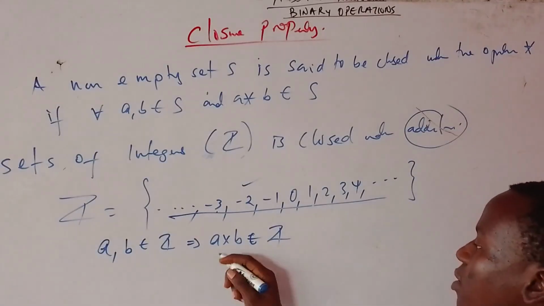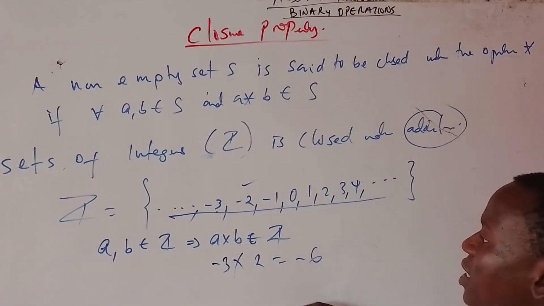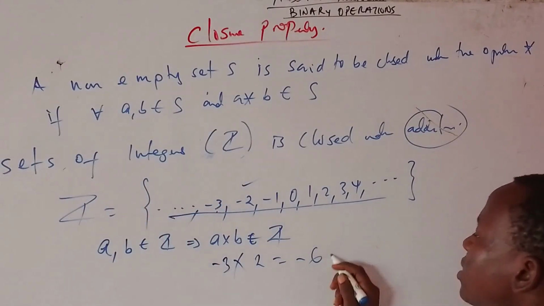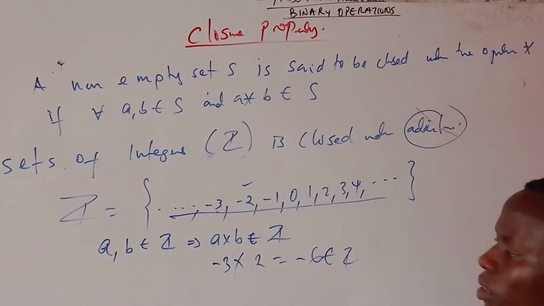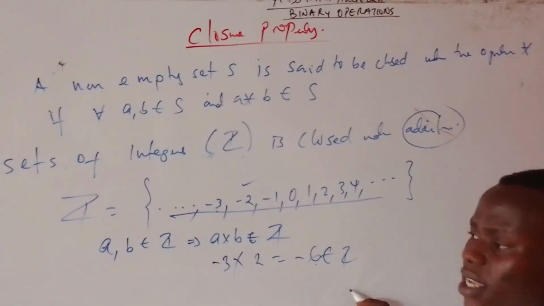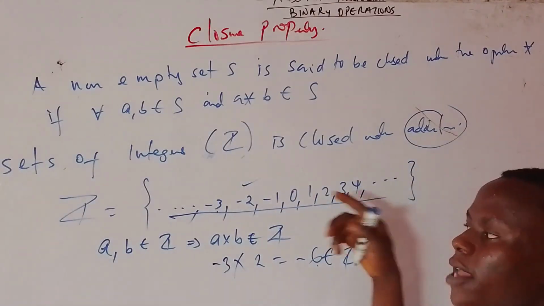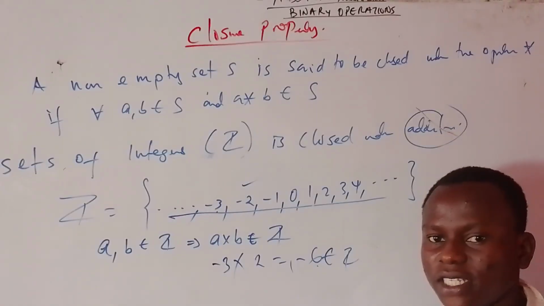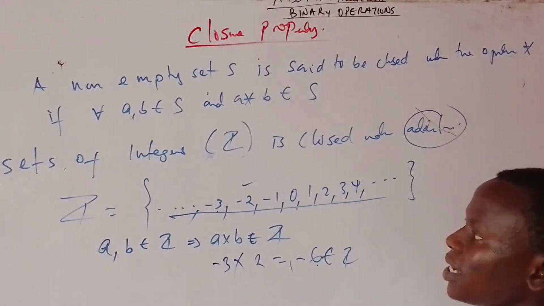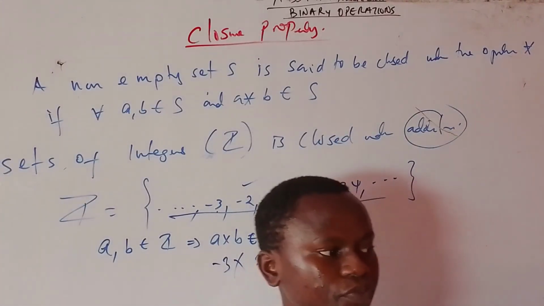Negative 3 multiplied by 2 is going to give us negative 6. So negative 6 is in the set of integers. If you multiply any integer with another integer, the result will be in the set of integers. So that shows that the set of integers is closed under multiplication.